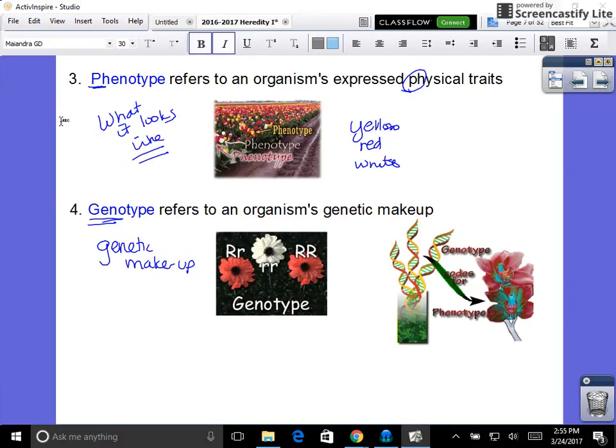Phenotype refers to what an organism looks like. So it's physical traits. And I underlined P-H, so you can match that vocab word up. It's what it looks like. So we would use words like yellow, red, white, descriptions. Genotype is an organism's genetic makeup. And we use a capital letter or a lowercase letter to represent what gene or what allele that organism has.